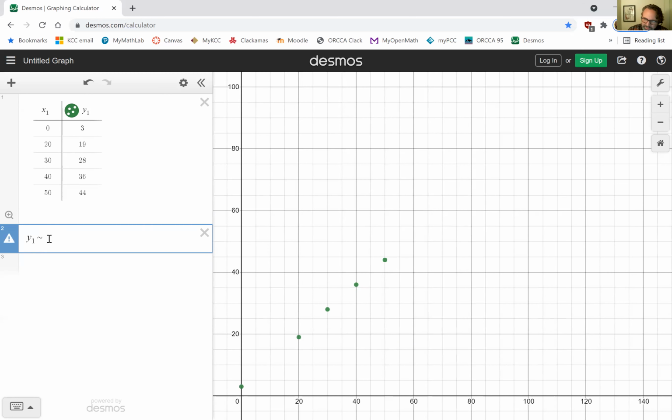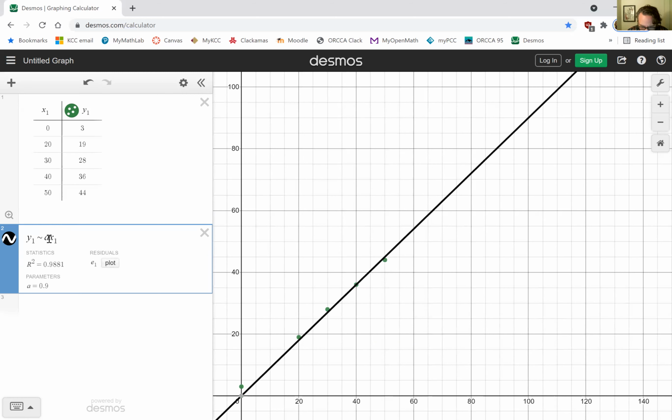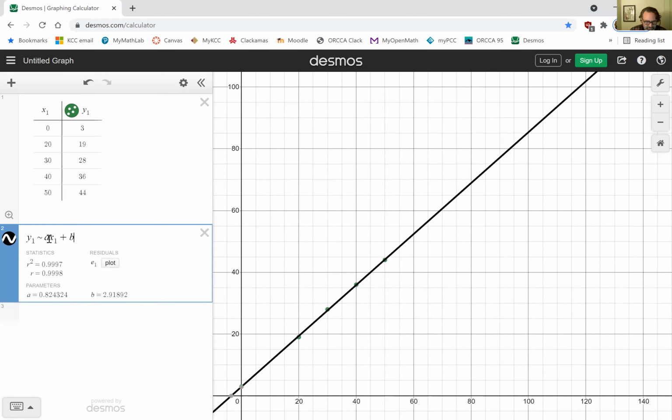So instead of equals, I'm going to use this symbol, and then I'll do mx plus b, but I'm going to use ax plus b because that's the way the alphabet works. And I have to remember to make the variable x1. So I'm talking through it, but if I just type it there, we've got y1 is related to ax1 plus b.